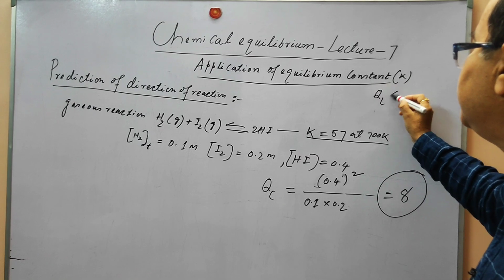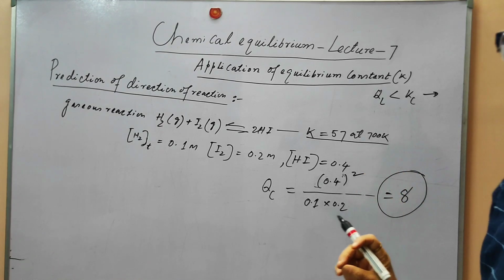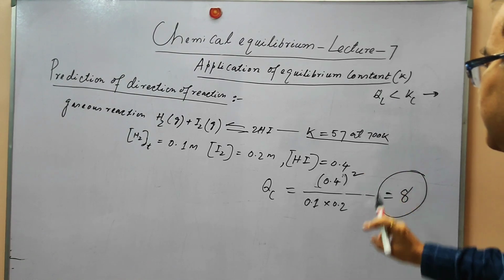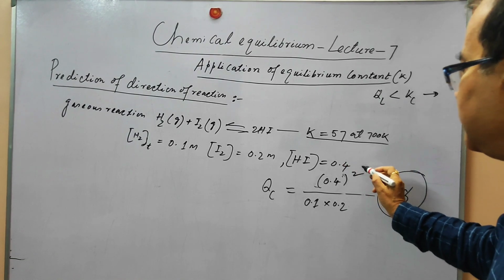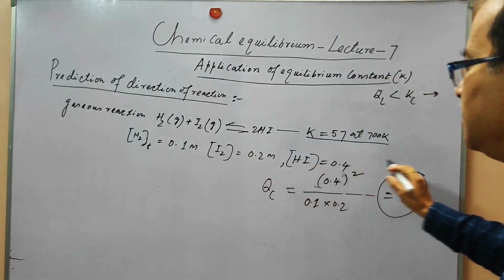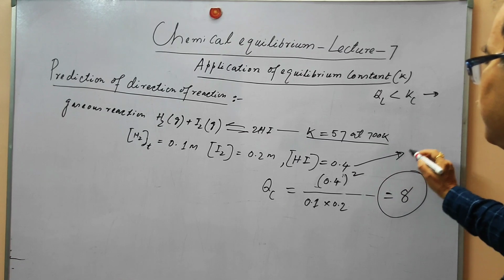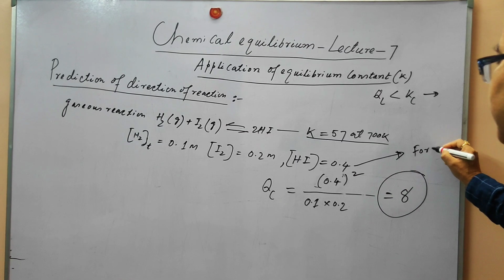When Qc is less than Kc, the reaction goes in the forward direction. So at this point, when the concentrations of reactant and product are these, the reaction will go in the forward direction.